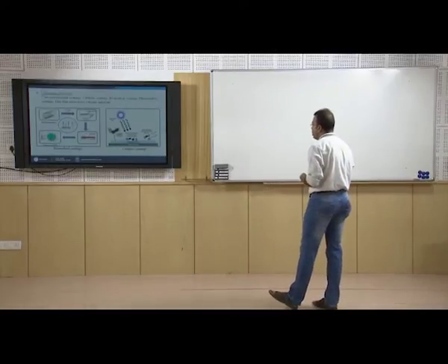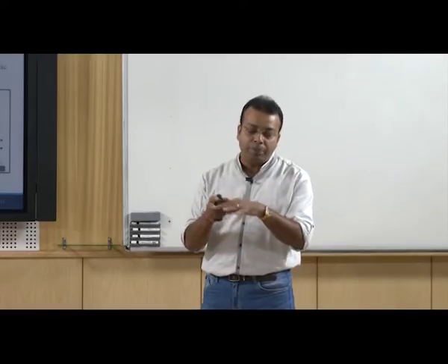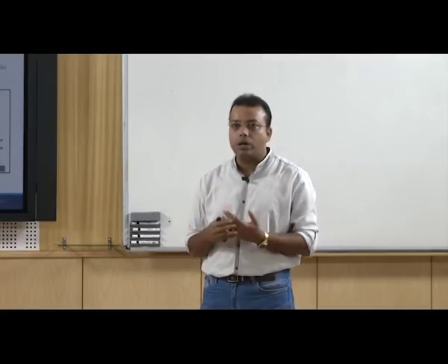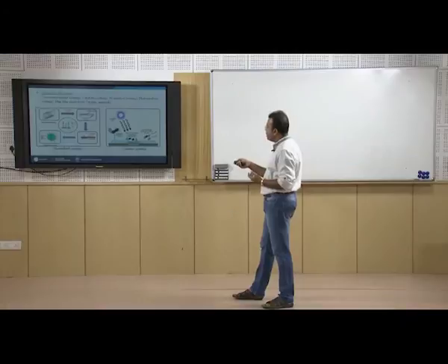Next, chemically functional materials: corrosion resistant coatings, catalytic coatings, biomedical coatings, photocatalytic coatings, thin film electrolytes and organic materials. From this case you can understand that we are making certain kind of materials, maybe with environment, certain temperature or certain pressure, so that the material can be activated and make certain kind of coatings onto the surface of that material.